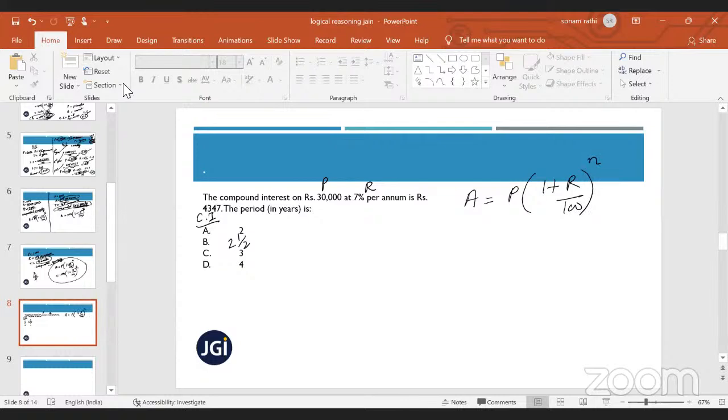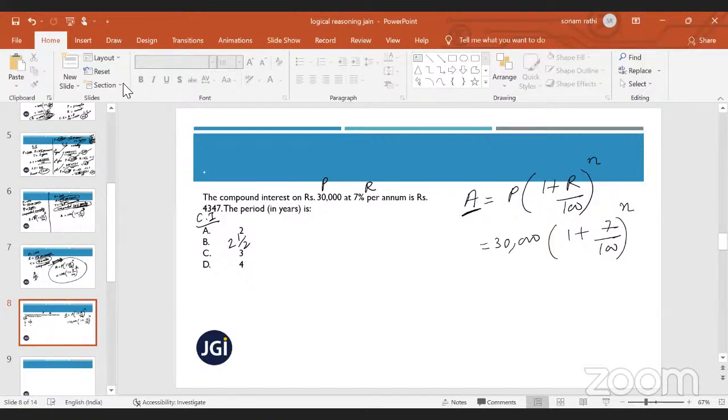Principal is how much? 30,000. 1 plus rate is how much? 7 upon 100. Number of years you have to calculate. Do you know the amount? Tell me what will be the amount.